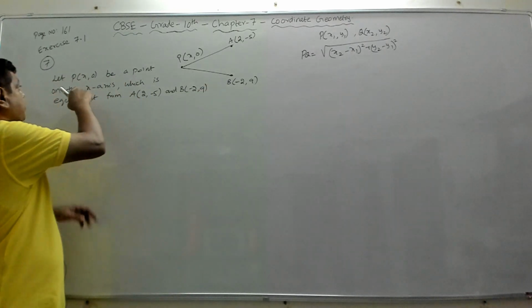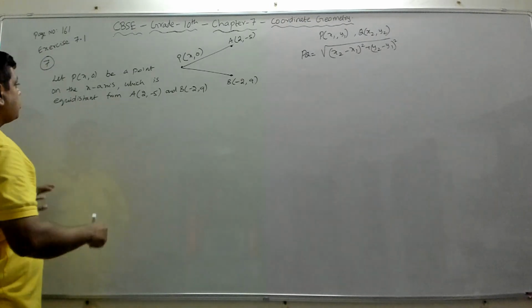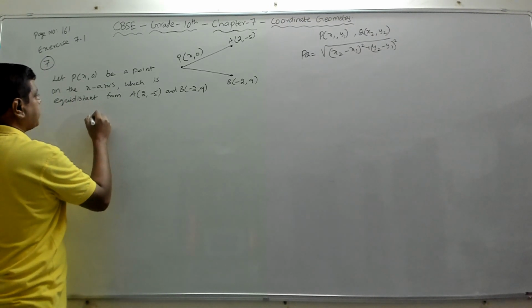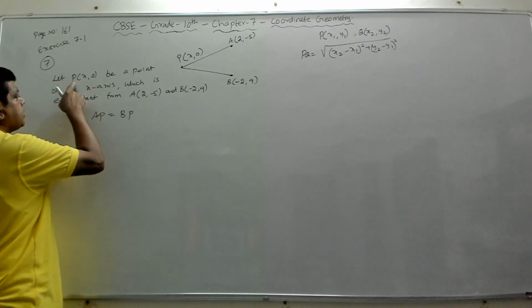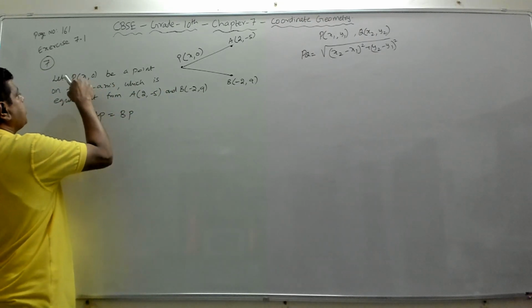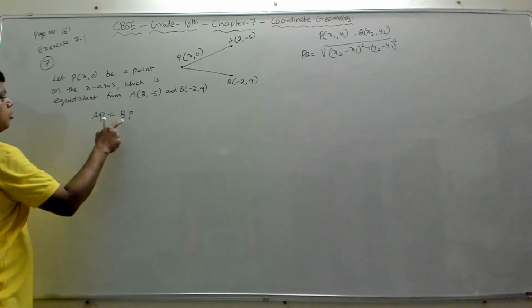Now we should find that point P, which is equidistant from A and B. So what is given is AP equals BP. The distance between A and P is the same as the distance between B and P. To find this point, we should find x. Now AP is equal to BP.